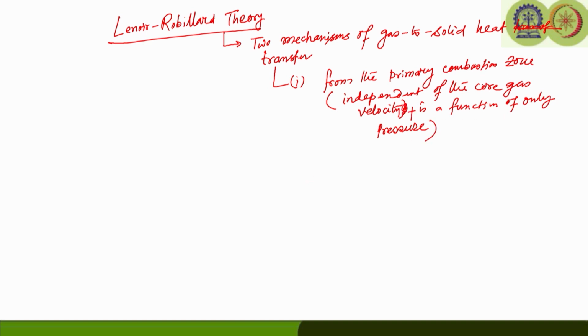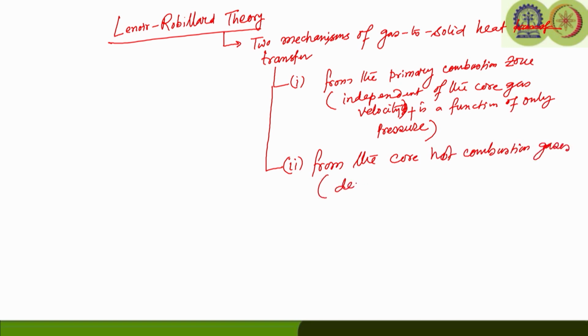So, this is from the primary combustion zone, and the second one is from the core hot combustion gases. Of course, that depends on the gas velocity.